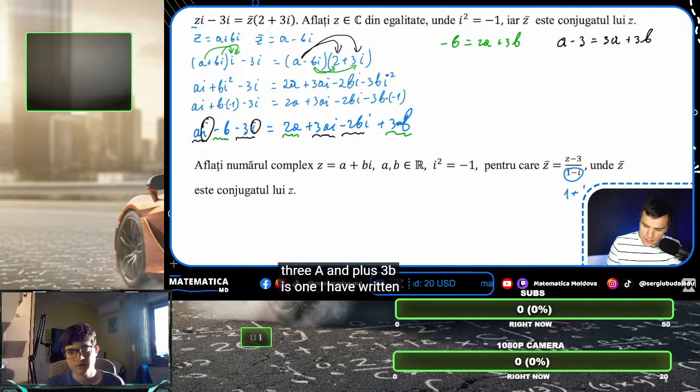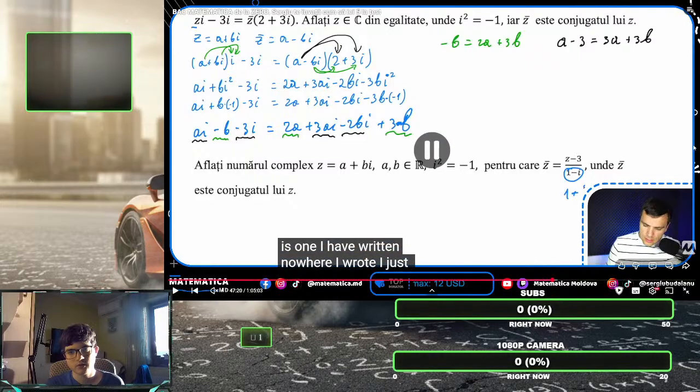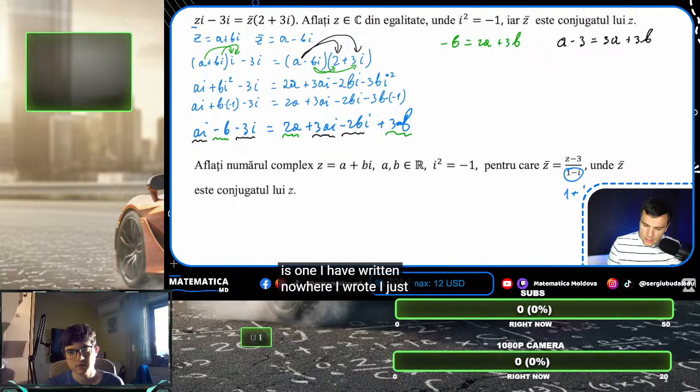Right, A minus 3 right there, equal to 3A plus 3B. Okay, so minus B equals 2A plus 3B. What can be done here?